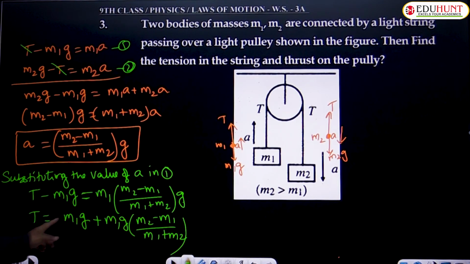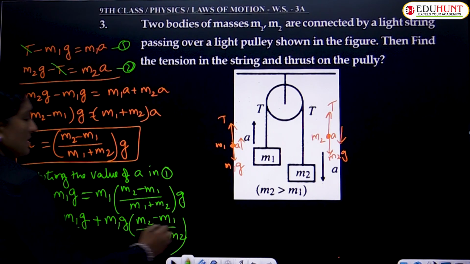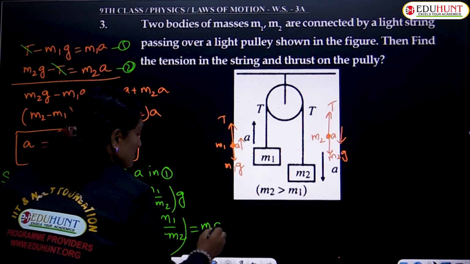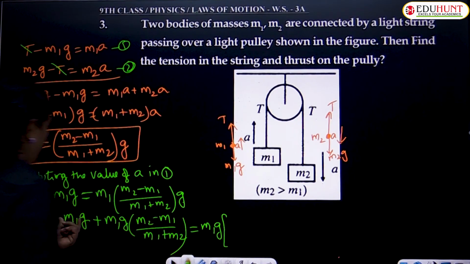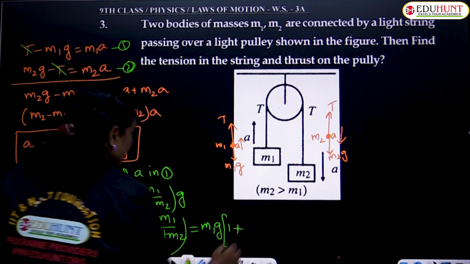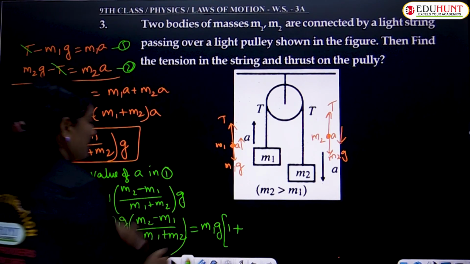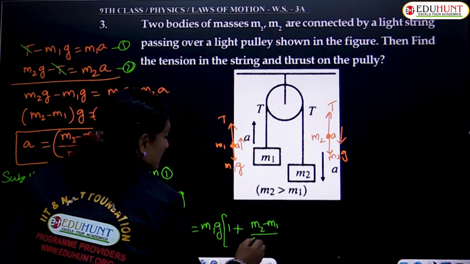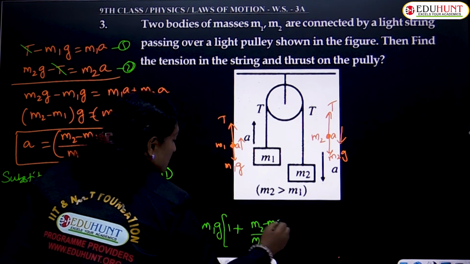That's it, children. In both the terms, you have M1G as common. So taking M1G as common, what are you left with? 1 plus (M2 minus M1) by (M1 plus M2).